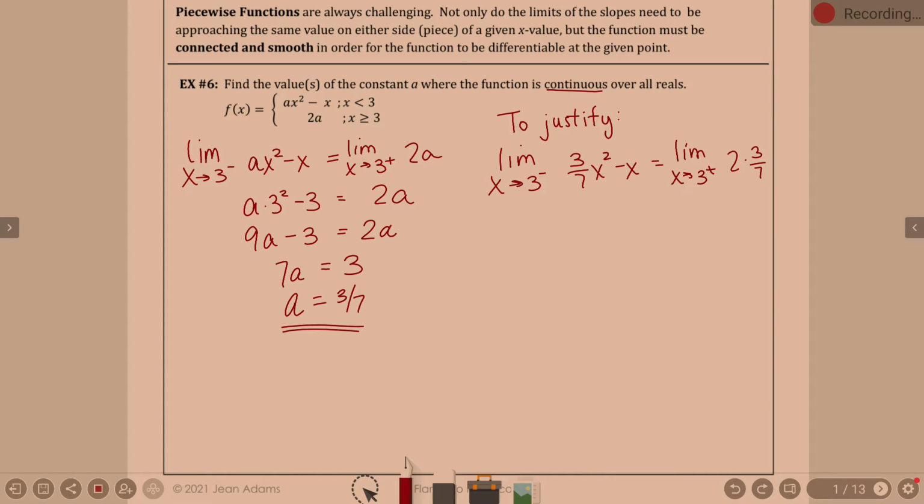Sorry, I was misreading my own handwriting there. And so if we're checking that, this is just to justify and prove it, so to speak, that both sides do end up equal. So again, you're plugging the 3 in. 3/7 times 3 squared minus 3, and then equal to 2 times 3/7.